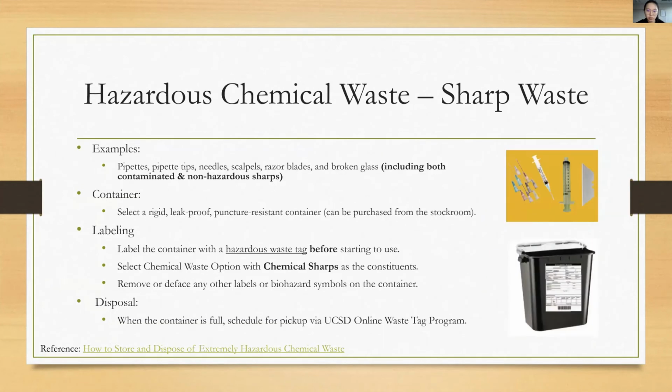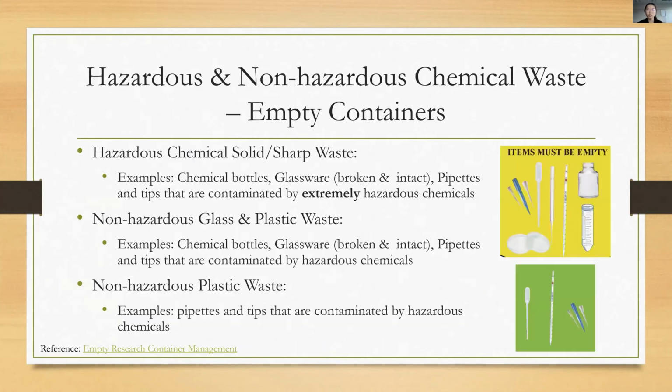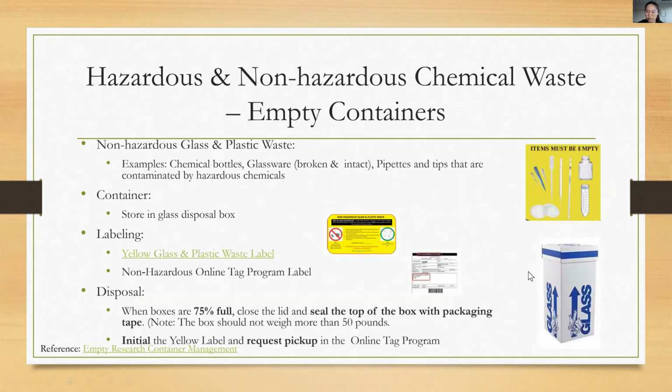After talking about the classification, there's another tricky thing about the disposal of chemical waste: the non-hazardous pipette and pipette tips. According to the regulation of UCSD, they can be disposed of either into the non-hazardous plastic waste or the glass and plastic waste. For example, it can go to this trash bin or this one.